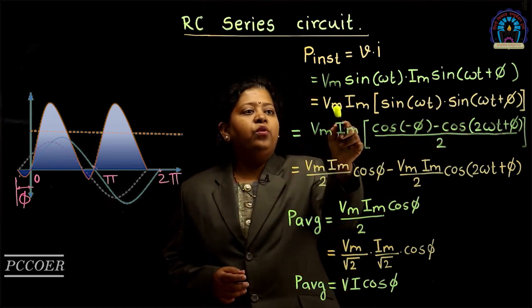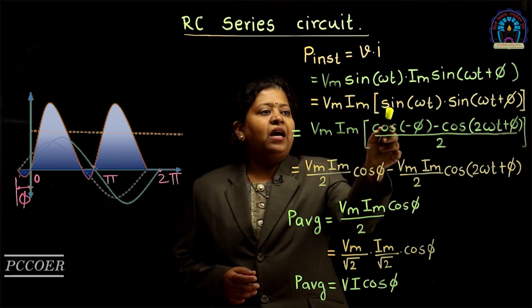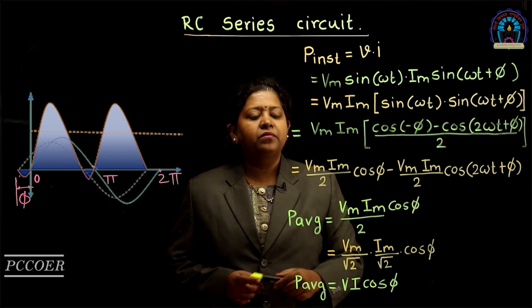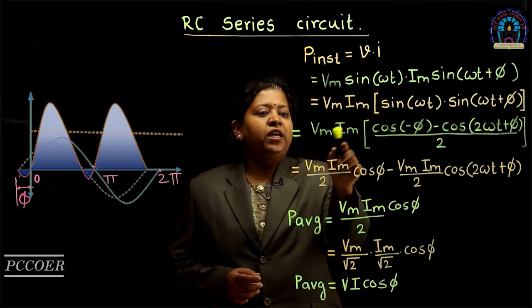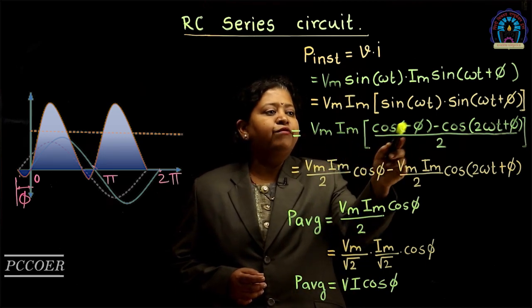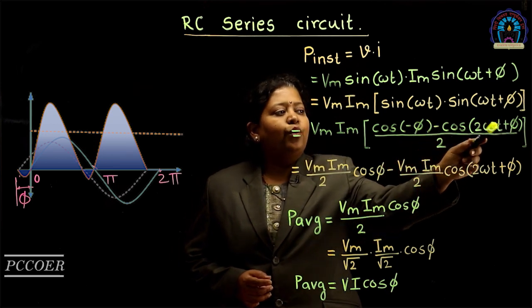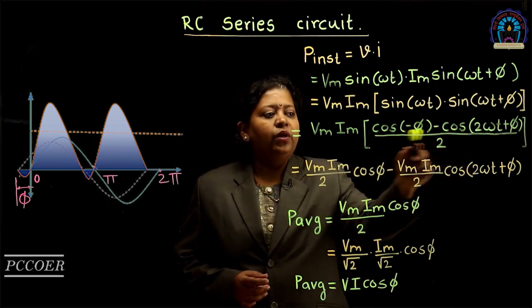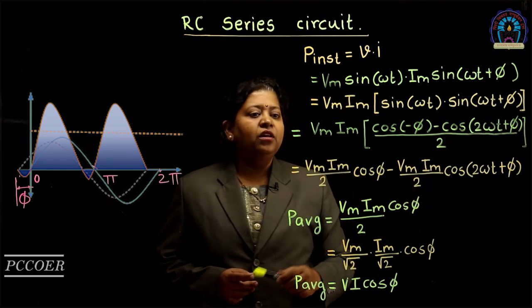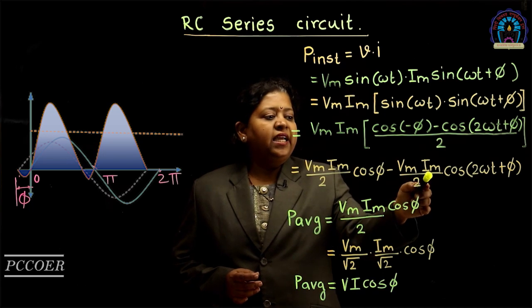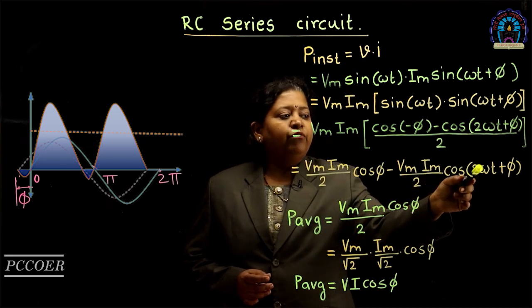This is equal to Vm Im into sin omega t into sin of omega t plus phi. This is equal to Vm Im into cos of minus phi minus cos of 2 omega t plus phi, whole divided by 2. So here we get two terms, in which the second term is a cosine term with double frequency component.